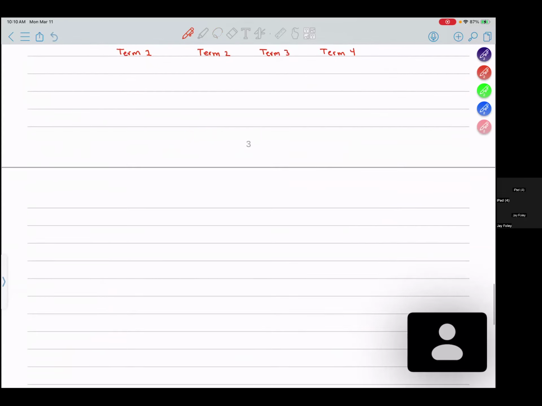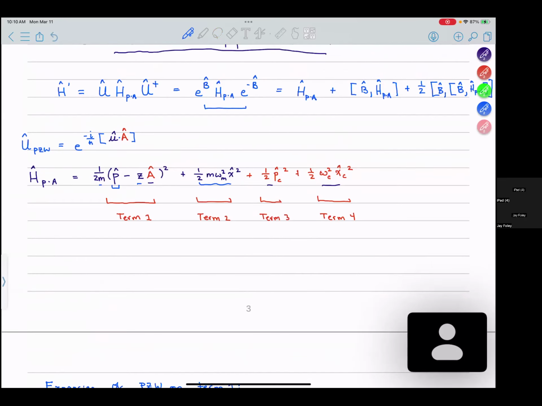Okay. So then, what does that mean in terms of how I should think about this expansion? Well, let's make a little room for expansion of PZW on term one. And what I want to really emphasize here, okay, term one may look like a complicated term to start with, right? Because term one has matter operators and photon operators, and the PZW is a transformation for both matter operators and photon operators.